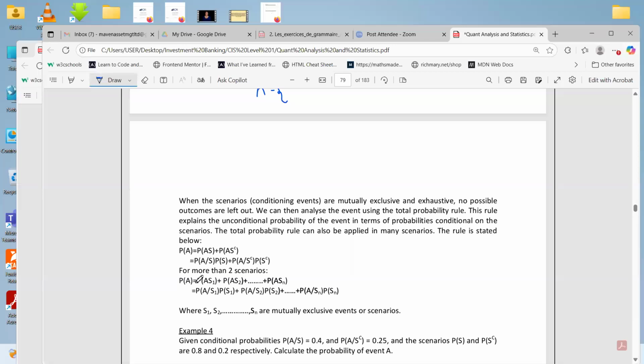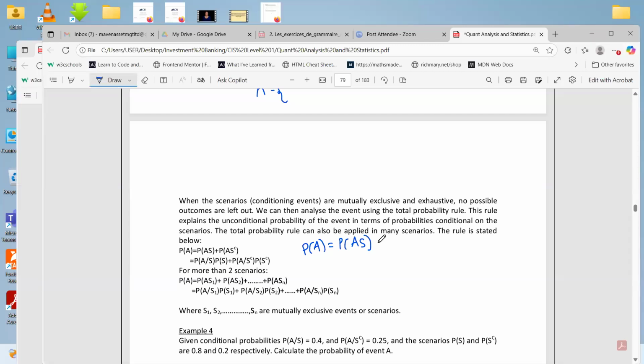All right. So we could have as many as we like, and so on and so forth. But for clarity purposes, let's just move into a question. Let's have somebody read example number 4 for us. Who is reading example 4 for us? Given conditional probabilities, probability of A given S equals 0.4 and probability of A given S complement equals 0.25.